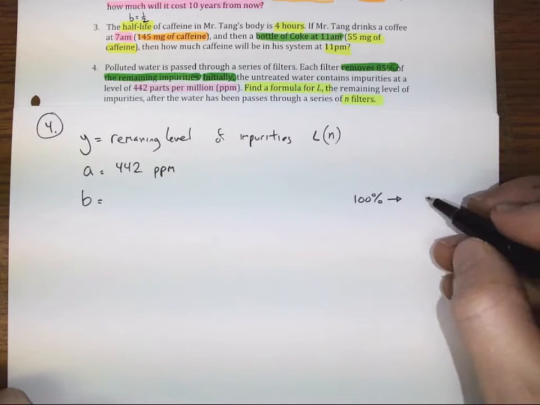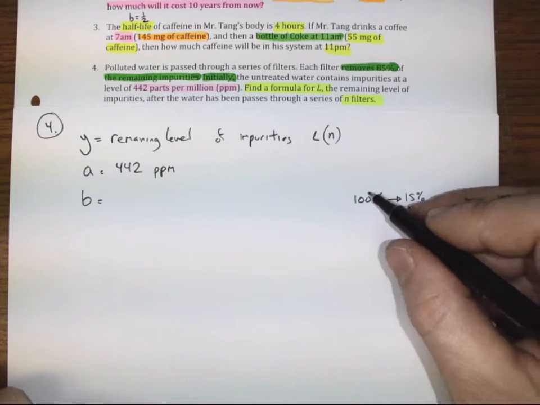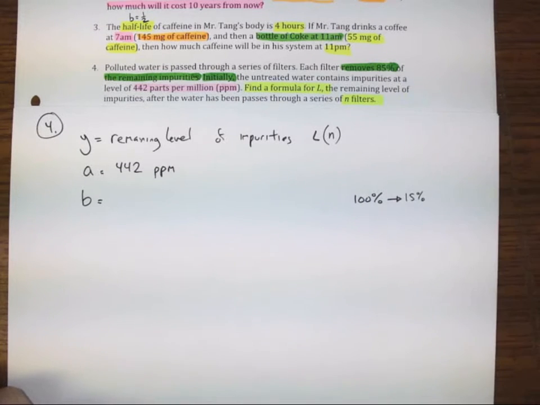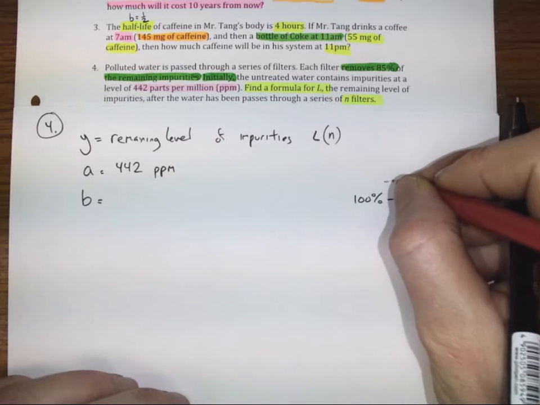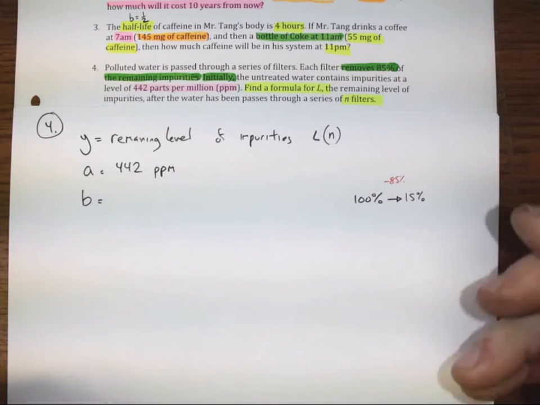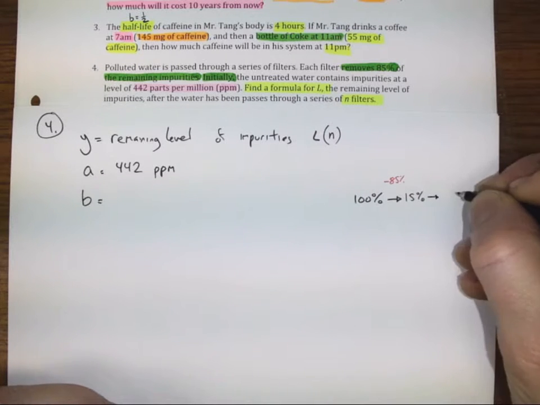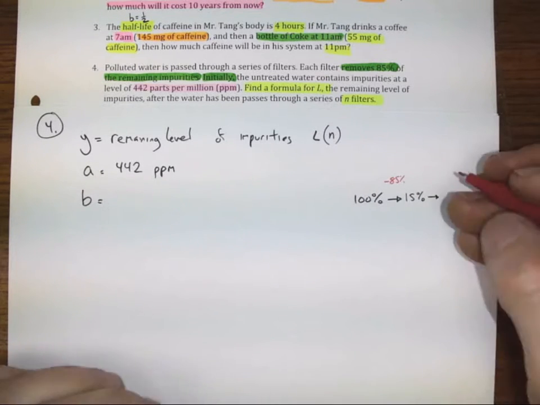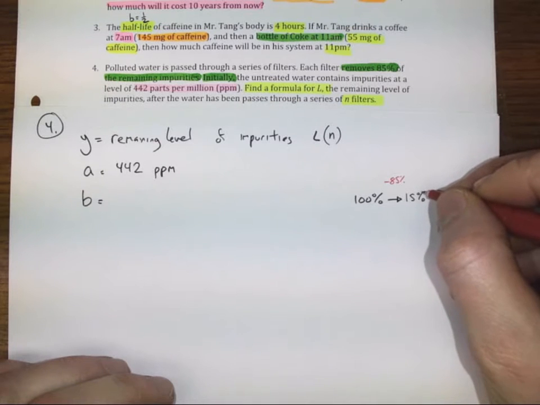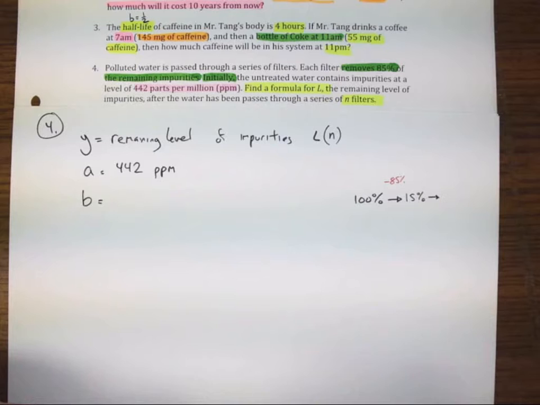So that subtracts 85%. And if we did that again, we would also remove 85% of 15%. Now the question is, what am I really multiplying by to get to 15%? I'm multiplying by 0.15.